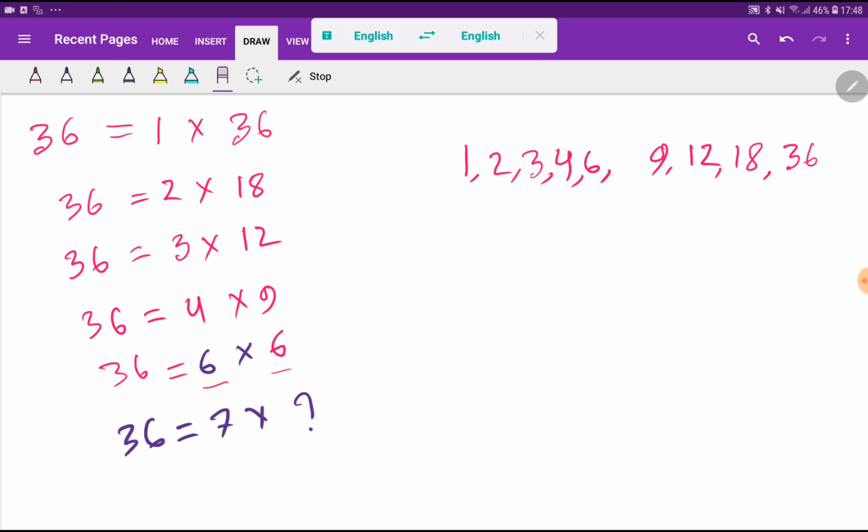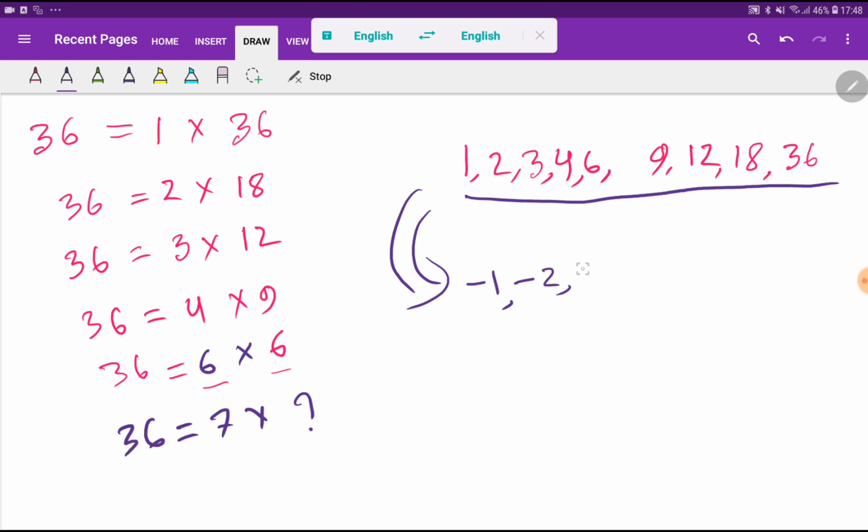These are the positive factors, right? You know that the factors of an integer include both positive and negative. So to get the negative factors, we just have to add a minus sign before every number that you have gotten.